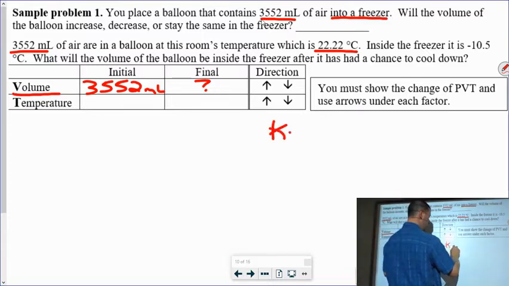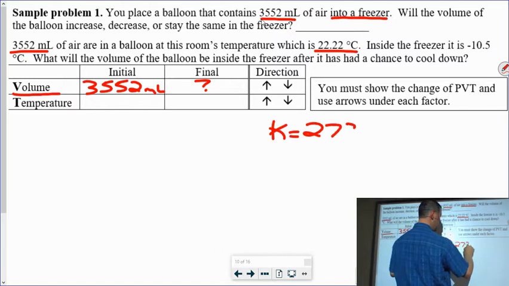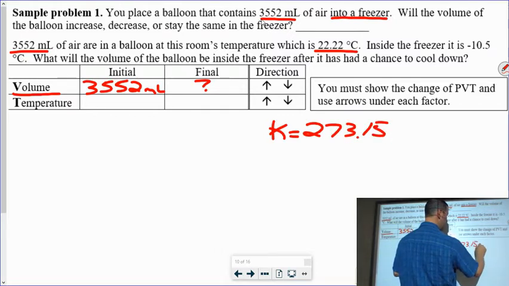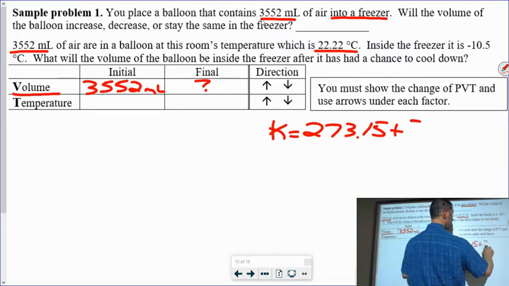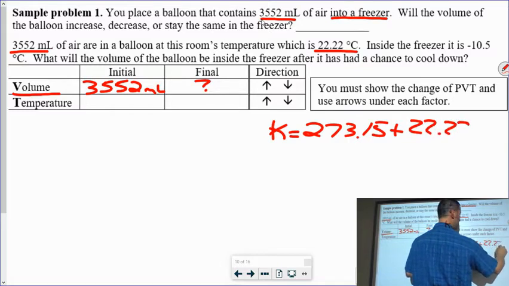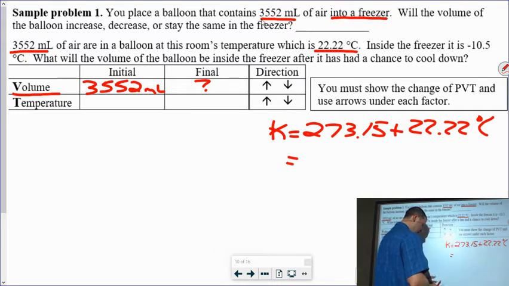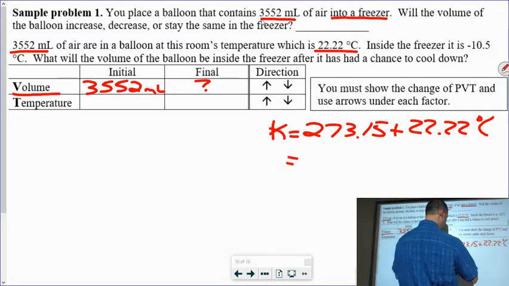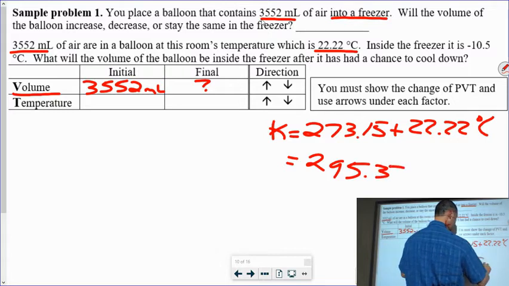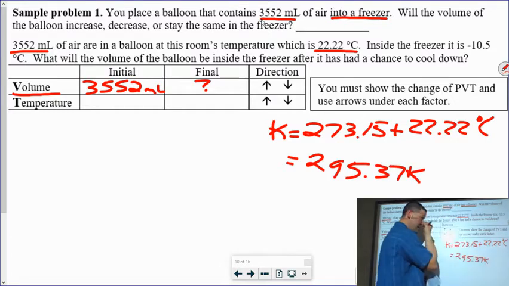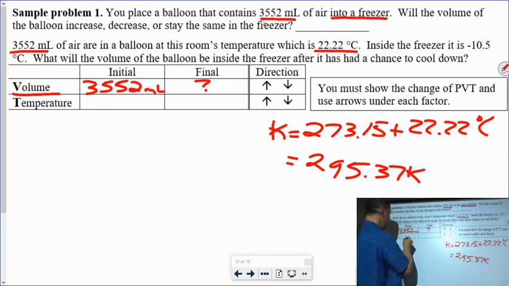So Kelvin equals 273.15 plus our Celsius temperature, so 22.22 degrees Celsius. So our Kelvin temperature in this instance ends up adding up to 295.37 Kelvin. So that's our initial temperature.